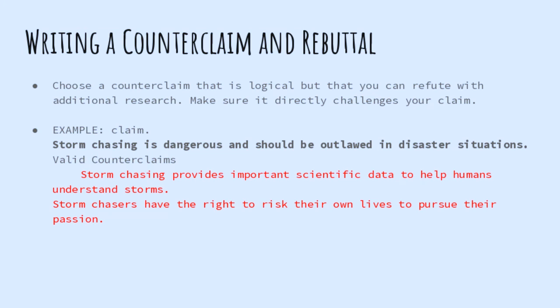So you have to find a counterclaim, something that directly refutes what your claim is, but that you can go back and say something that, although storm chasers have the right to risk their own lives, it puts emergency people in danger that try to rescue them. Okay. So you're still going to flip it and really argue your claim, but you need to have a counterclaim first. Okay. And 6.03 goes into detail on counterclaims.